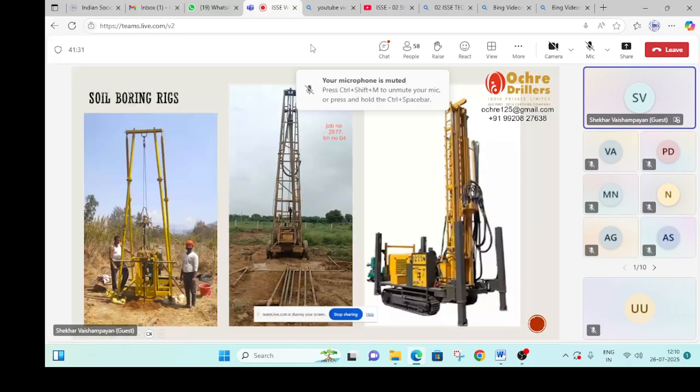The third one is new, now slowly becoming more common in the market: a hydraulically powered drilling rig. These three are technological improvements. Why I'm introducing this is because in the semi-direct method of boreholes we are going to use these.